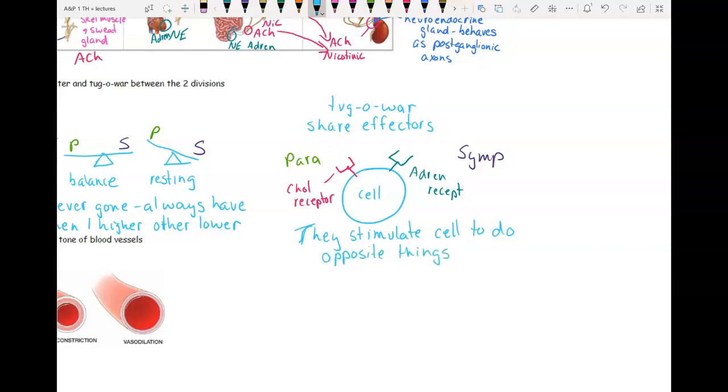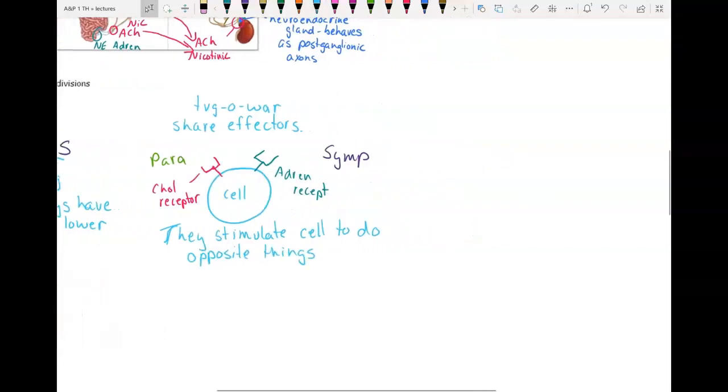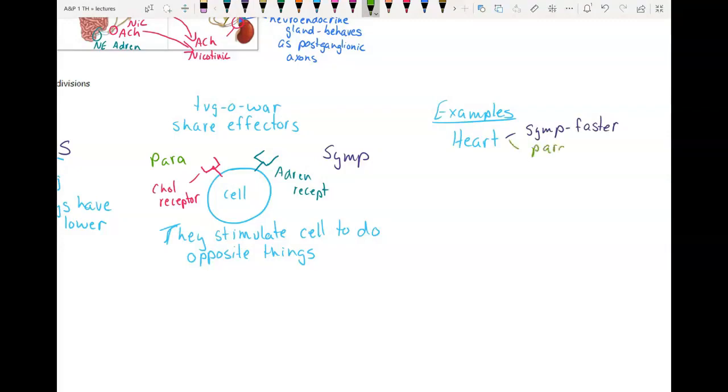A couple of examples of this stimulating the cell to do opposite things. You have your heart. Sympathetic speeds it up. It makes your heart beat faster. Parasympathetic slows it down.